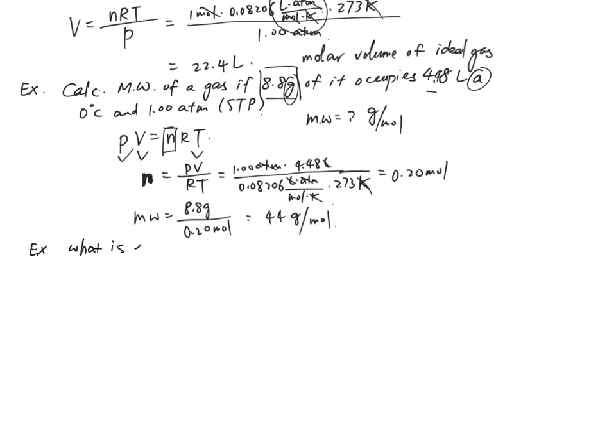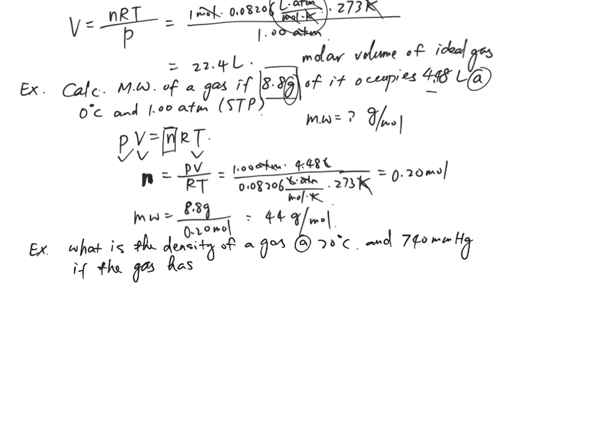What is the density of a gas at 20 degrees Celsius and 740 millimeters of mercury, if the gas has a molecular weight of 54.6 grams per mole?